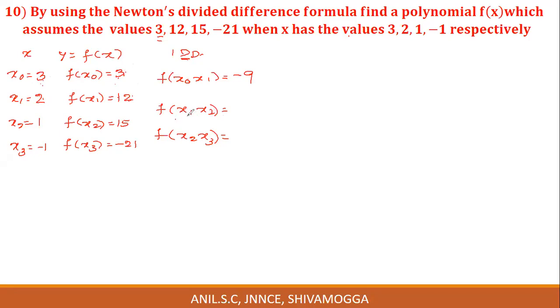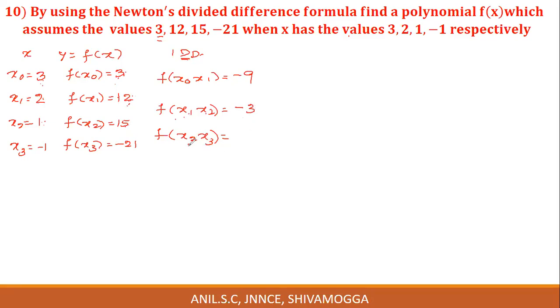Divided difference of these two is equal to 15 minus 12 divided by x2 minus x1, x2 minus x1 is 1 minus 2. 15 minus 12 is 3, 3 divided by 1 minus 2, minus 1, that means minus 3.